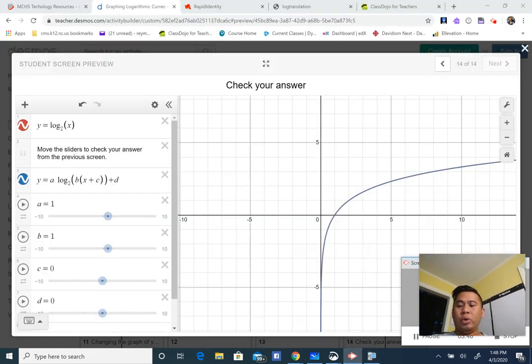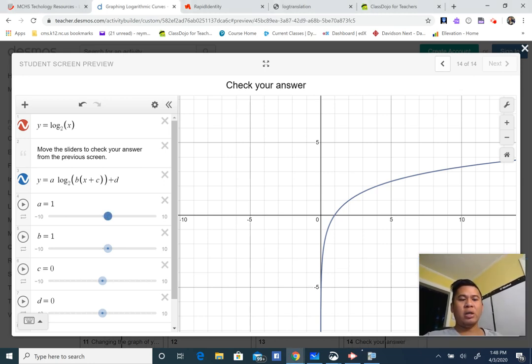Let us now try to use our Desmos in here to analyze the key features of our logarithm. So again, this is our log base 2 of x. Let's try to move a in here and see what's going to happen if a goes up. Then there's a vertical expansion.